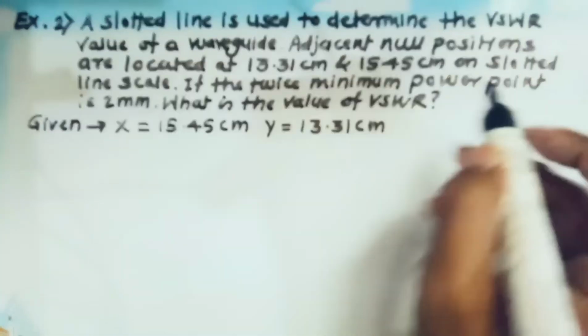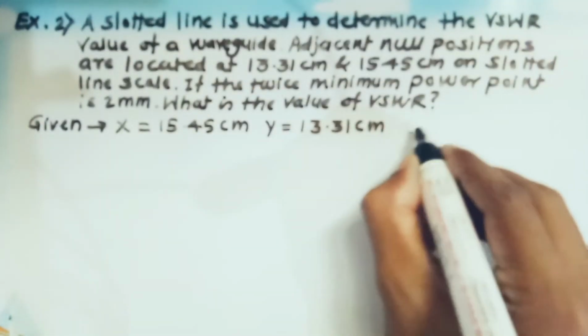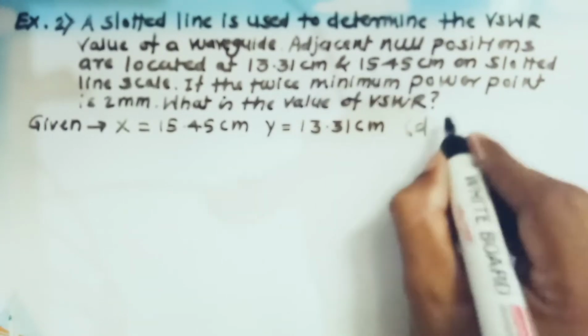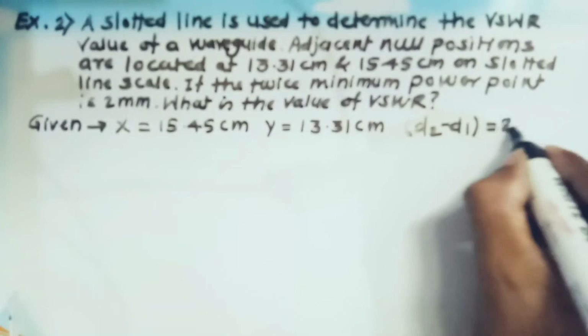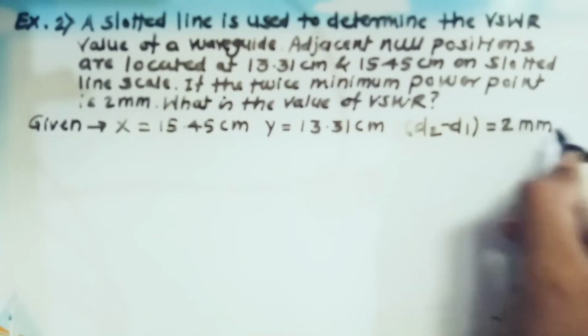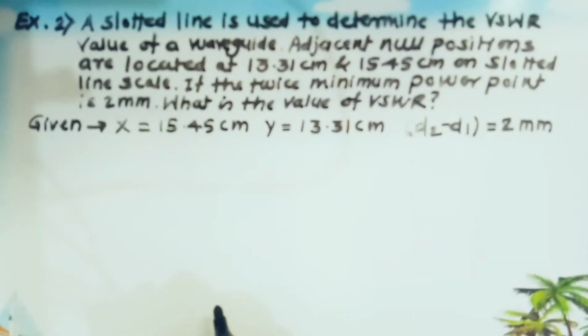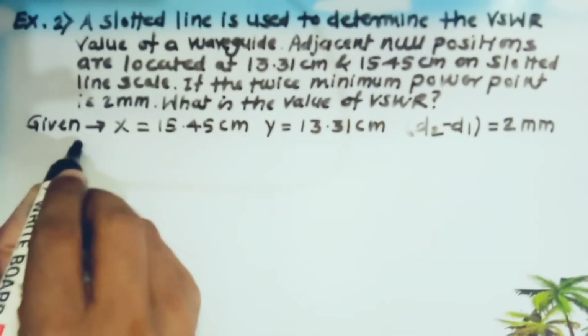Then the twice minimum power point is given, that is d2 minus d1 equals 2 mm. And we have to find out the VSWR.